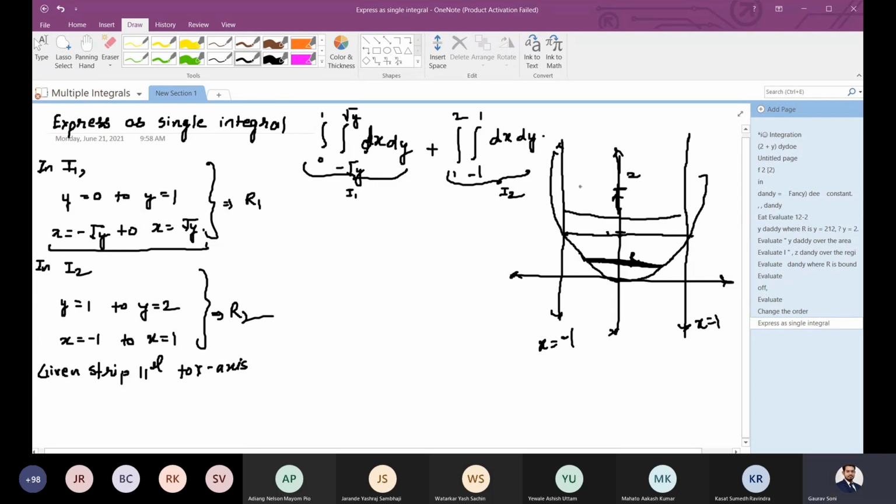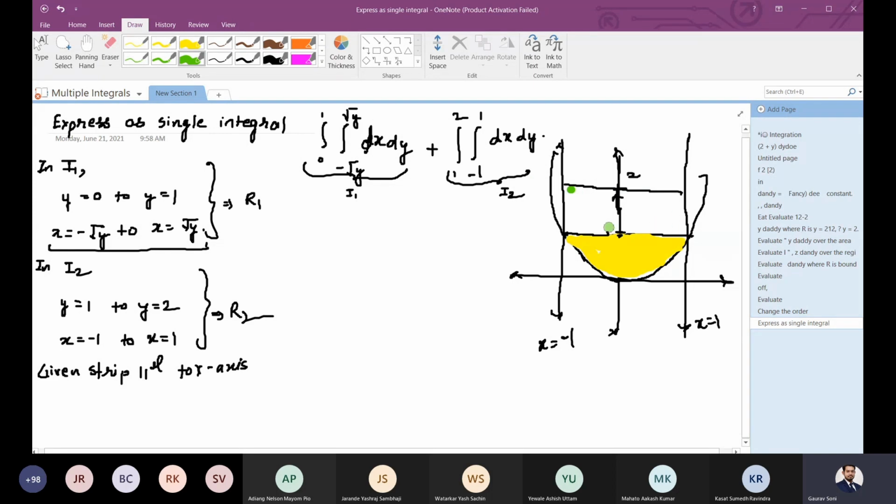Okay, so I'll draw this line over here and I'll shade the region. So the below region is this. I1 is calculated over this region, whereas I2 is calculated over this region.